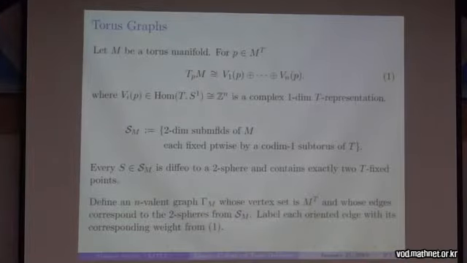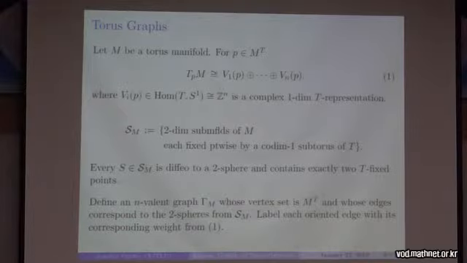So we can then define an n-valent graph from these objects, where the vertex set of the graph is all the fixed points of the manifold, and the edges are these copies of CP1, or these two-spheres, relating each of the vertices.